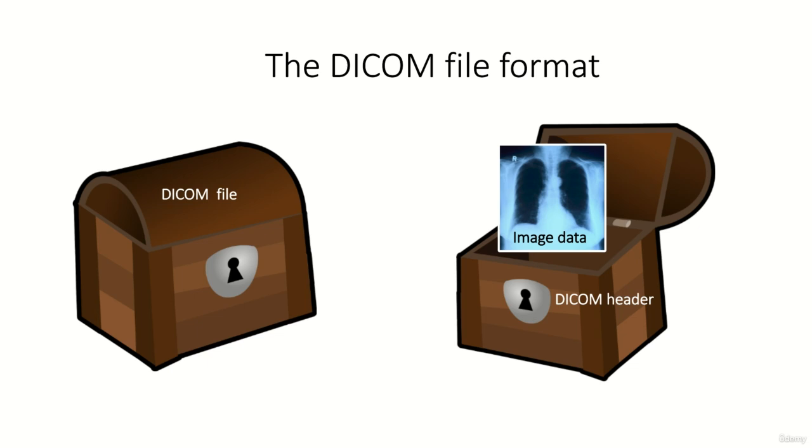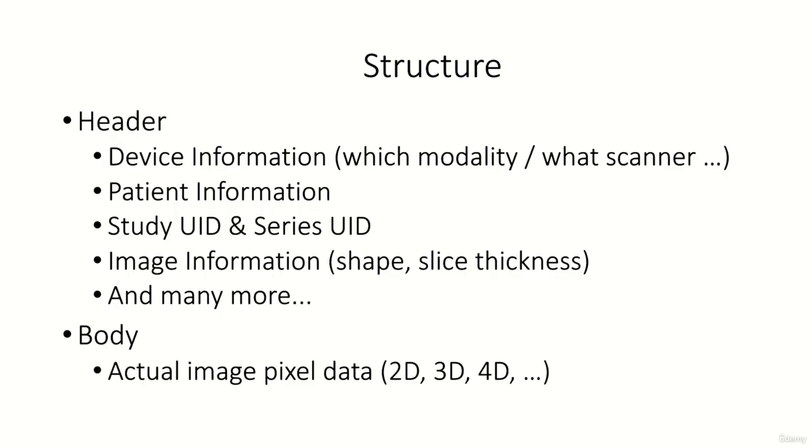In order to understand this file format, you can imagine a treasure box where the box itself acts as the DICOM header and the treasure within the box is the actual image. This, in fact, visualizes the structure of each DICOM file.